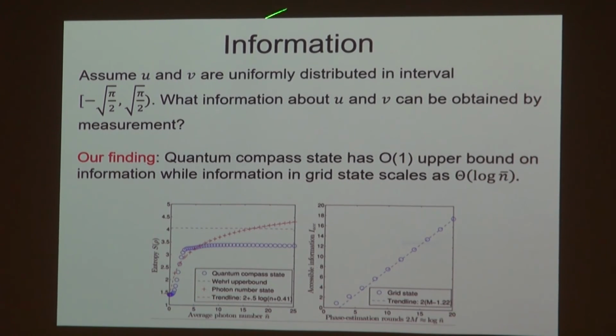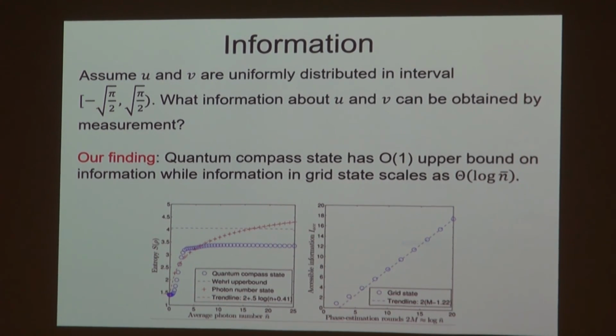You can show that in that setup, the quantum compass state will have a constant amount of information about u and v, meaning that it does not increase with photon number. This is not so surprising, because Zurek's point was only that there is this very high sensitivity for very small u and v. But if u and v are larger, I'm probably mapping this onto a fairly non-orthogonal state, and I cannot distinguish it so well.